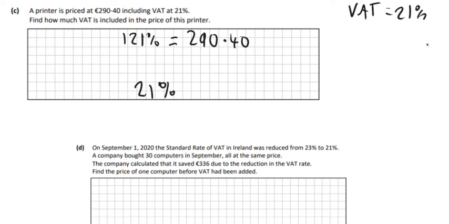We're going to use the same trick we did the last time. We're going to find out what 1% would be first. To get from 121 to 1, you divide by 121, and then we're going to times by 21 to get the 21%.